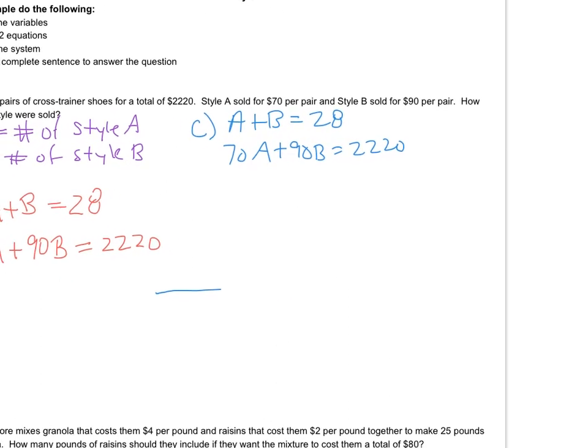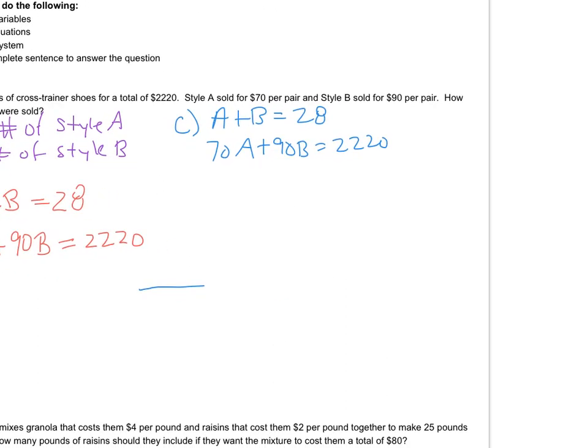Then we want to solve the system. To do that, we need to figure out which method we want to use. We can use the elimination method, or we can use the substitution method. This one's set up pretty nicely for either one, but I think the elimination method works a little bit better.